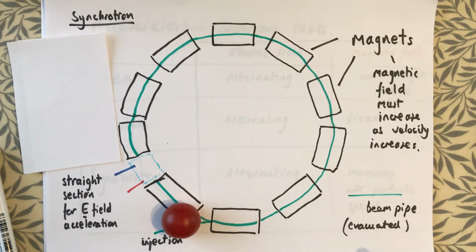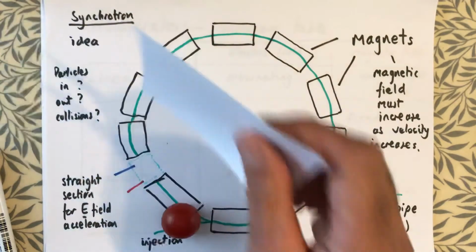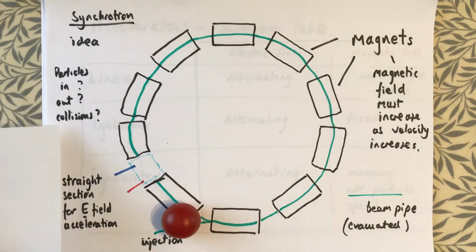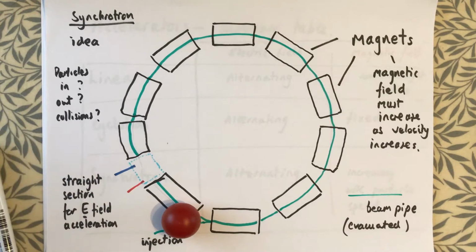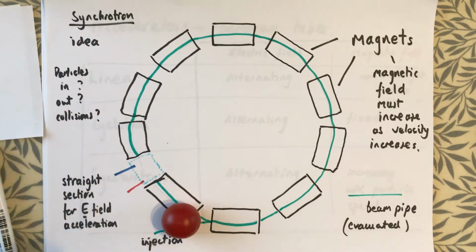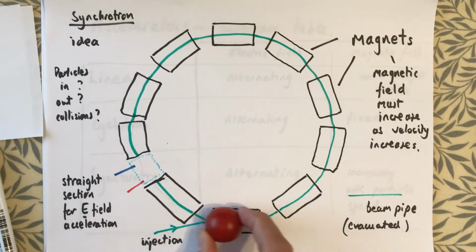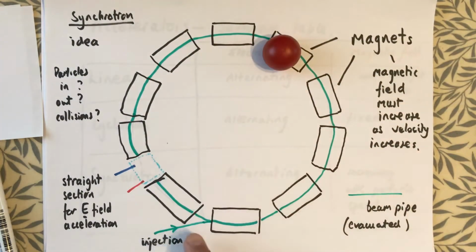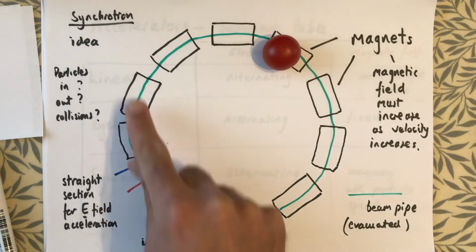The only other key aspect of the synchrotron is we haven't dwelt on how you get the particles in or out, or the nature of how you get them to collide. That's partly because it becomes increasingly complicated. At CERN, they take protons one way around, and antiprotons the other way around.